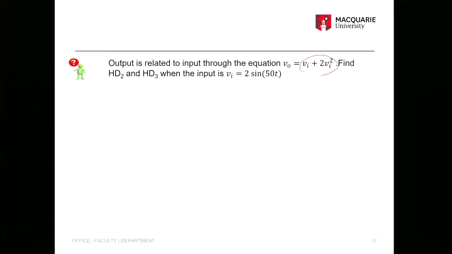So, now what happened? V naught is Vi, which is 2 sine 50t, plus 2 Vi square, which is this square, which is 4 times sine square 50t. Okay, that's the first step.